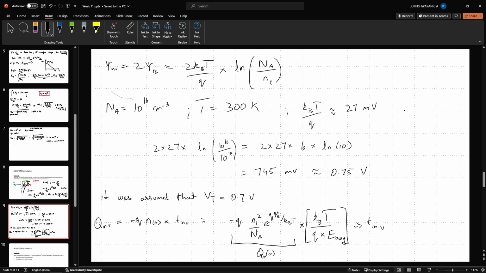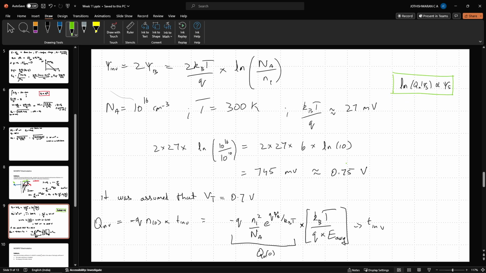The takeaway over here is that Qn of psi s is proportional to e to the power k times psi s, or to be more precise, the natural log of Qn of psi s is proportional to psi s. So this is the important takeaway from the inversion region behavior.